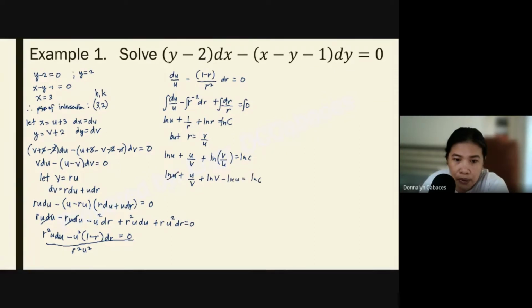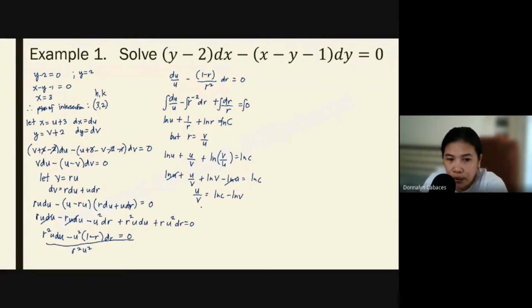So ln of u minus ln of u cancels, and you now have u over v plus ln of v is equal to ln of c. Okay? Or you can have u over v is equal to ln of c minus ln of v. But what is u and what is v?